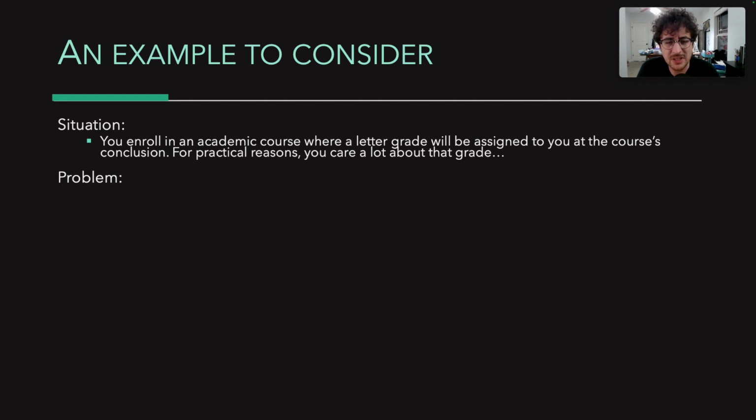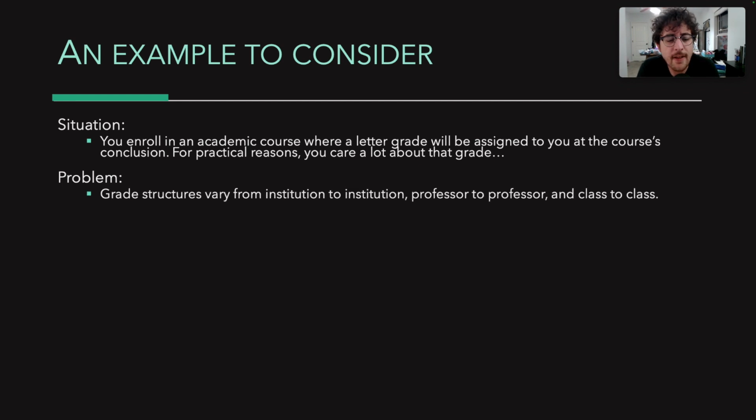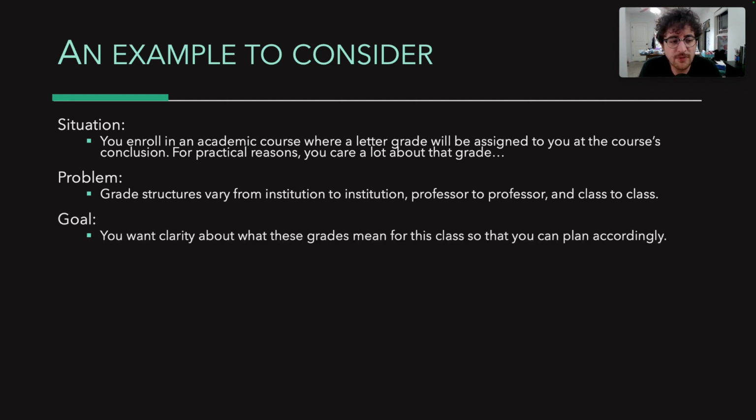Well, it depends upon what's involved in getting that grade, and different institutions, different professors, and different classes might have different kinds of grading structures and policies. And so your goal at the beginning of the class might be to first figure out and get clear about what those grades mean in this particular class so you can plan accordingly your strategy for what you might have to do to try to earn the grade that you want.